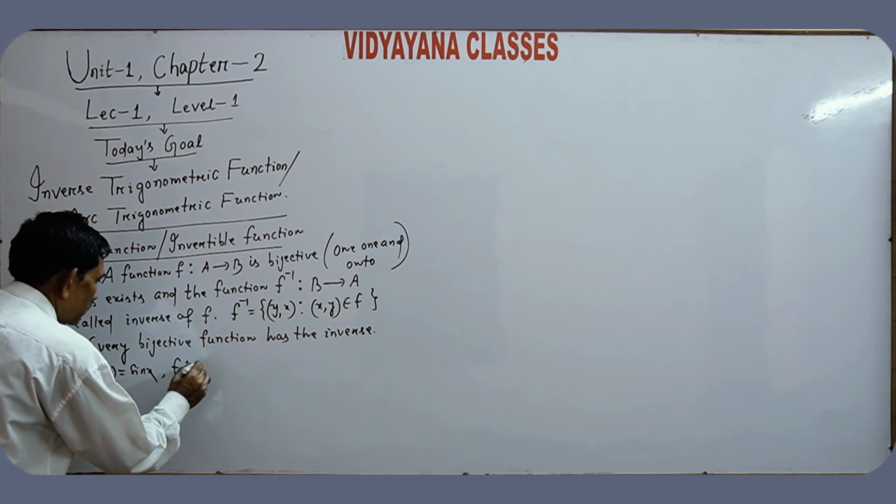F means sine, from the set of real numbers to the closed interval [-1, 1].